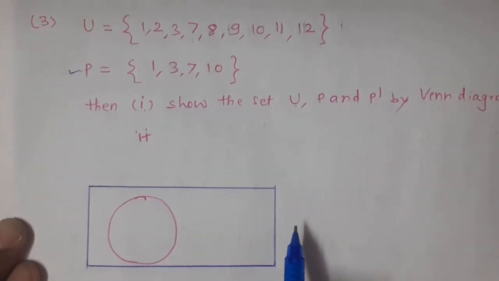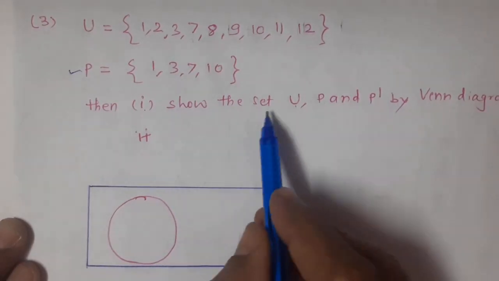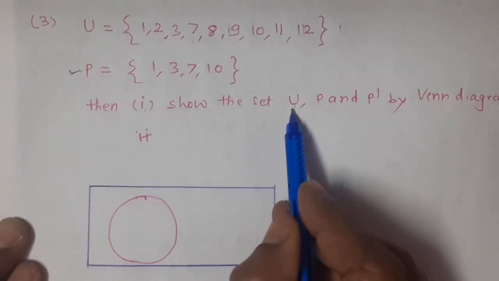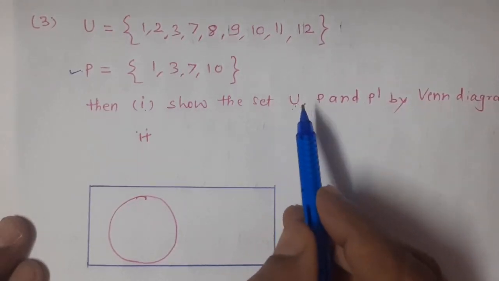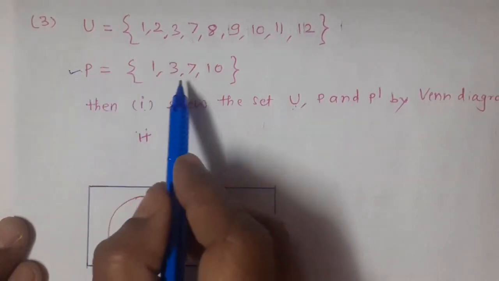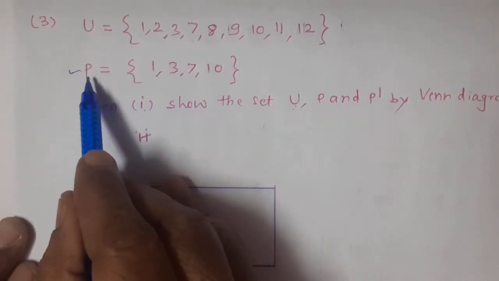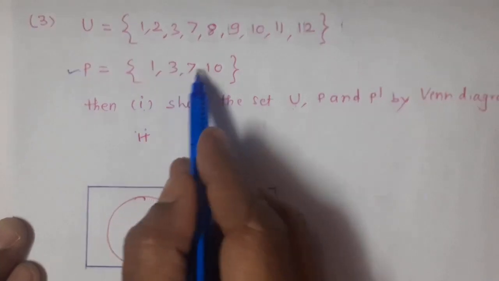First of all you have to show the universal set. So how can that universal set be shown? In that universal set, the subset P is given as 1 3 7 10.